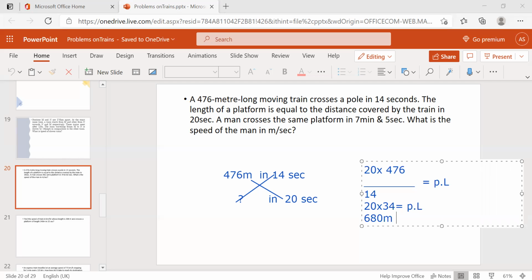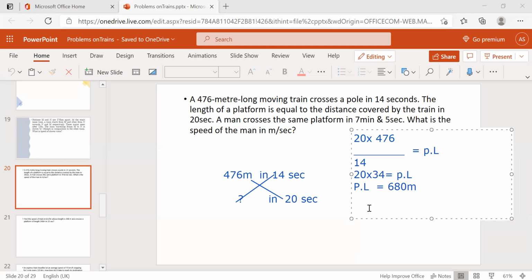Okay, now it is clear. Now we know the distance, the platform length. What they are asking in the question: a man crosses the same platform, that means the 680-meter platform, in how much time? 7 minutes and 5 seconds.